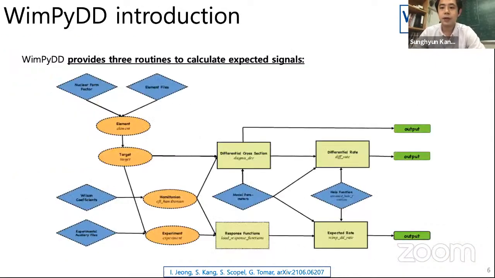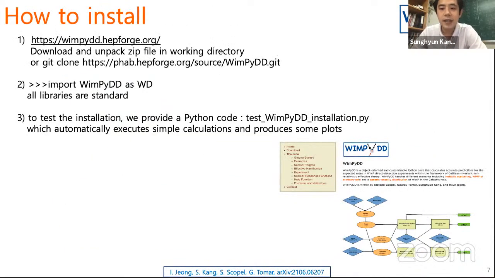This is the whole structure of WimPyDD. Especially, it provides three routines to calculate expected signals: d sigma DER, diff rate, and WIMPDD rate. You can easily install WimPyDD. Just go to the home page and download the zip file or Git clone in your working directory.